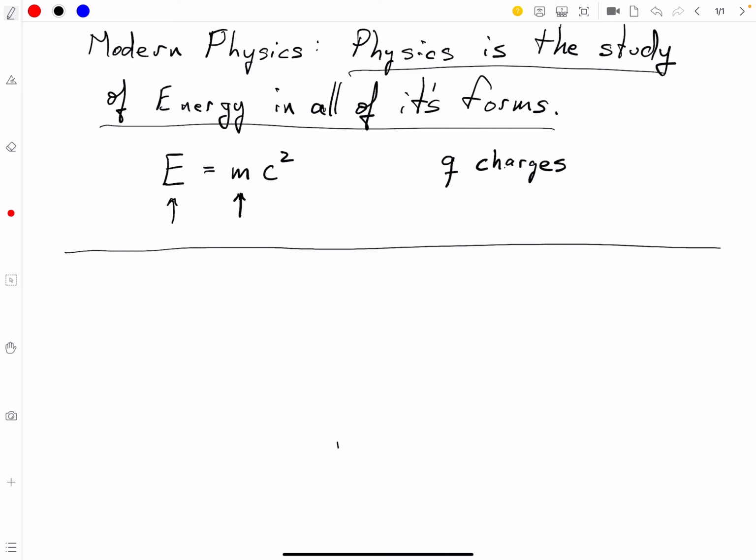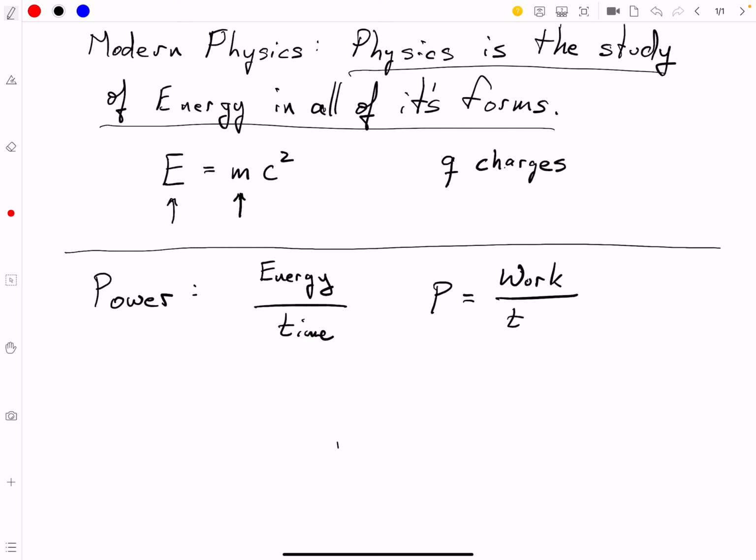And we're going to now talk about power, which is simply energy per time. So when you're really powerful, a person who is powerful, capital P for power, you can do work in an amount of time.